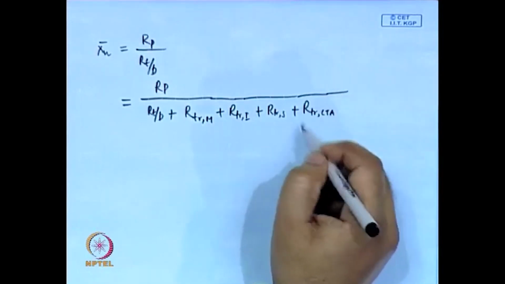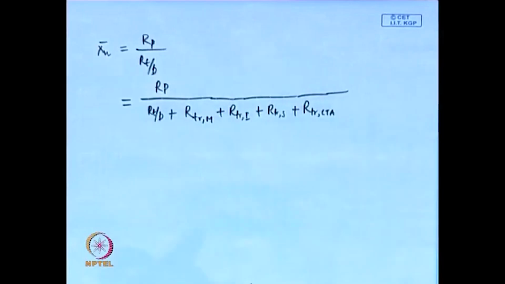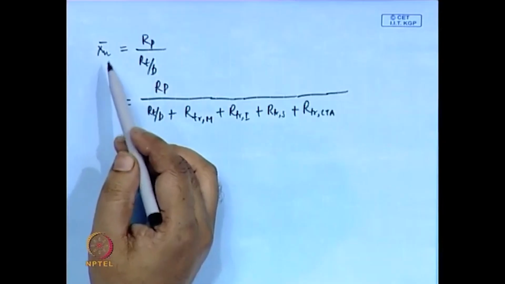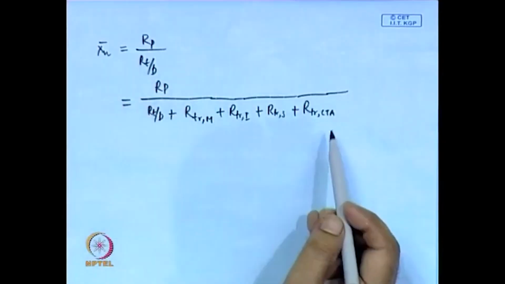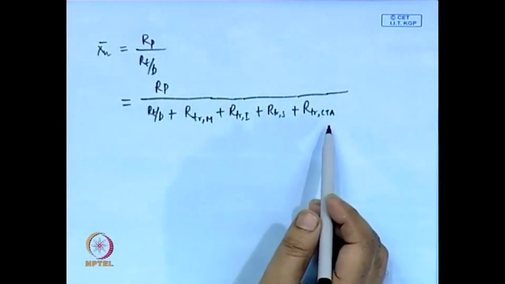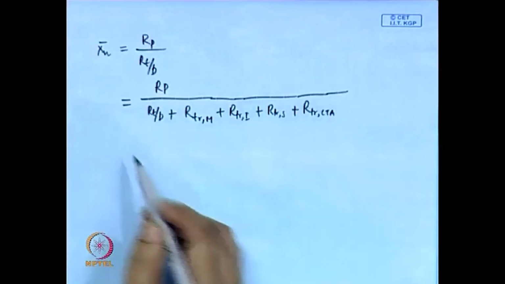Now, we are not writing rate of transfer by polymers, because as we have seen, polymers do not contribute in terms of decreasing the molecular weight of the polymers. Okay. So, we are not considering chain transfer to polymer.